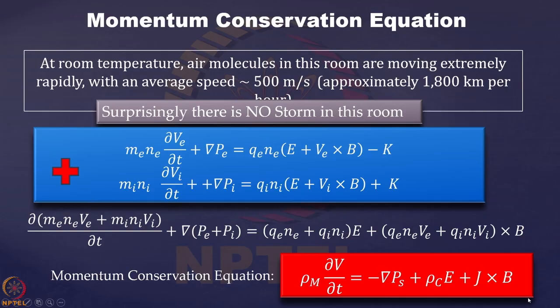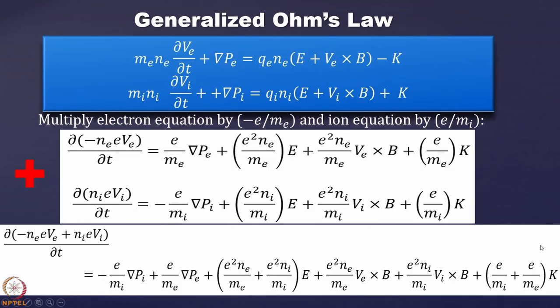So in this class, we have obtained the expression for the momentum conservation equation. In the next class, we will go to another thing, which is the generalized Ohm's law.